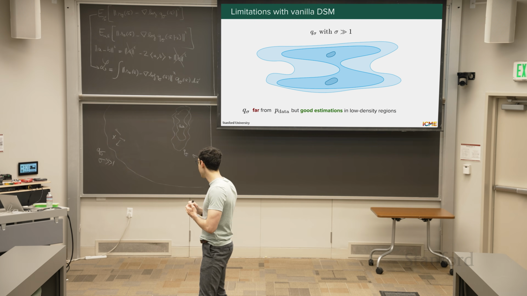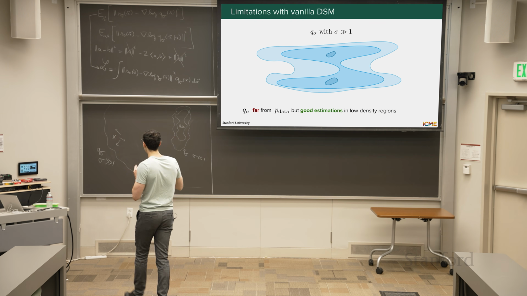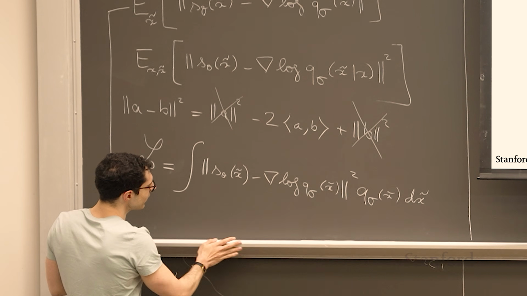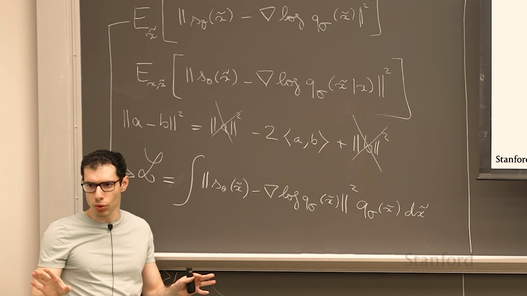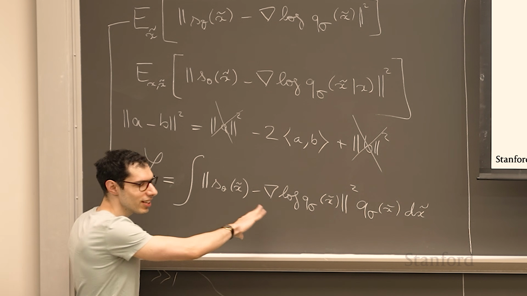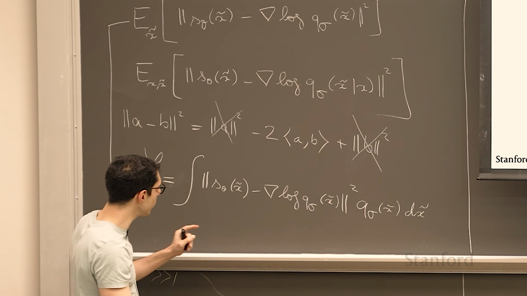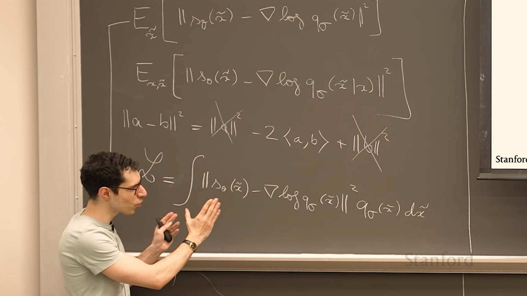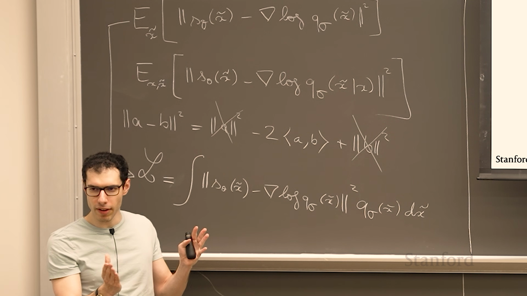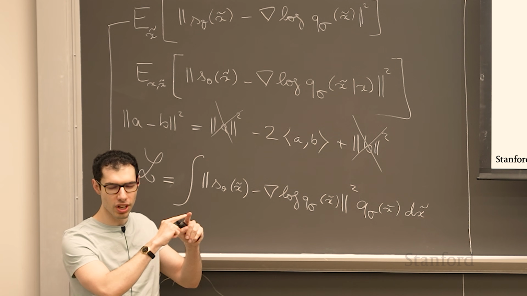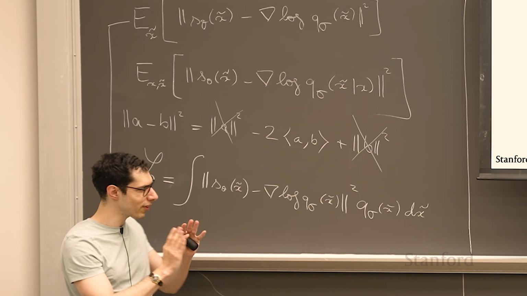So the question is, why is it a poor estimation in low density scores? This is true, it's correct, this one. Not this one actually, the tractable one is the true one, but the only problem is that the tractability of your loss function is also a function of how you configured it in terms of the expectation.